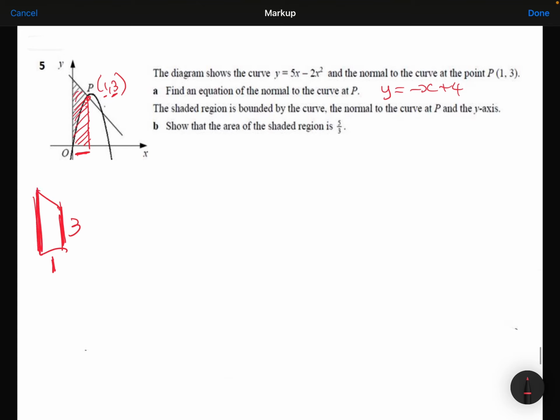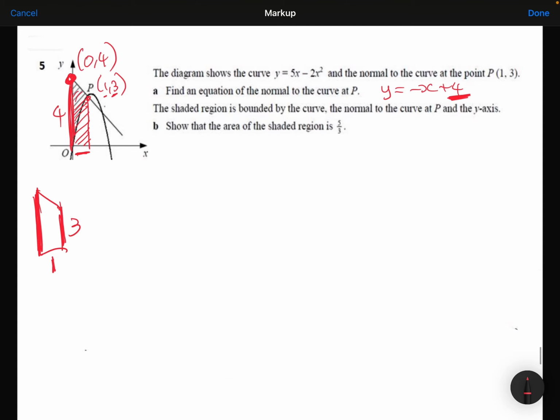And the height here is this, which I know is 4. The reason why that's 4 is because this coordinate here is the coordinate 0, 4. And I know that because I can see it's the y-intercept of the normal.